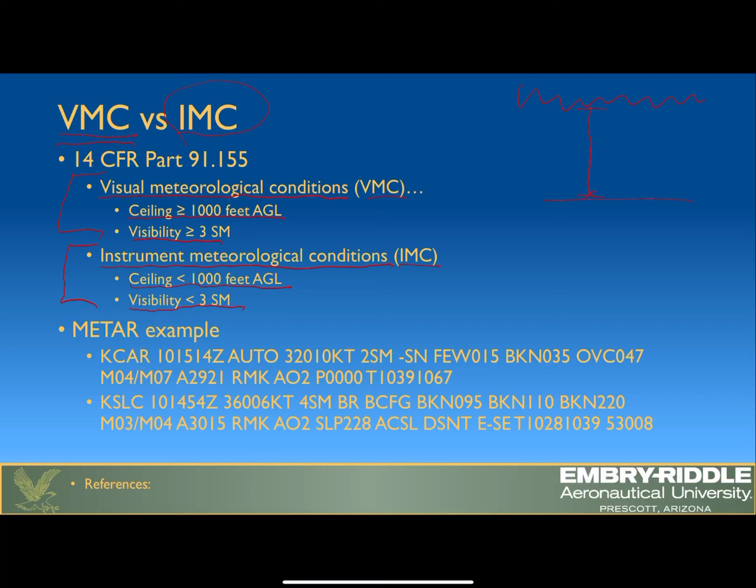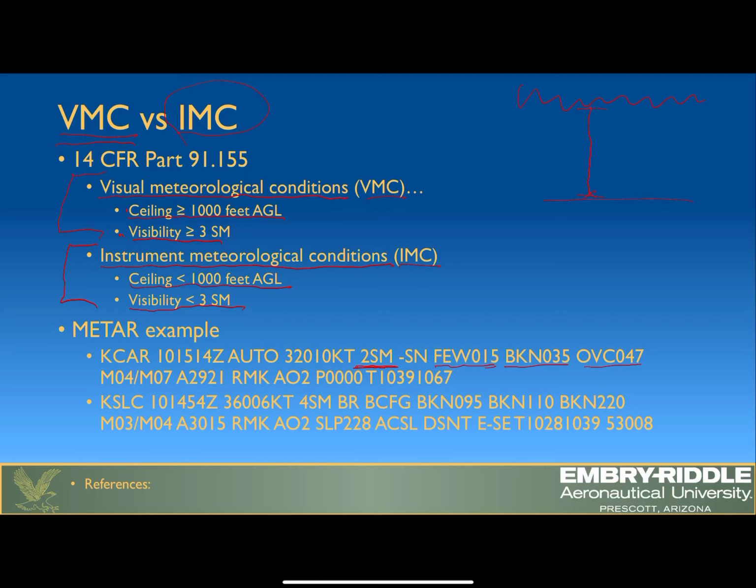So for this first one, KCAR, again, we're looking for two pieces of information: your ceilings and then your visibility. In this first one, I can see my visibility is at 2 statute miles, and then I have a few clouds at 1,500 feet, broken at 3,500 feet, and overcast at 4,700 feet.